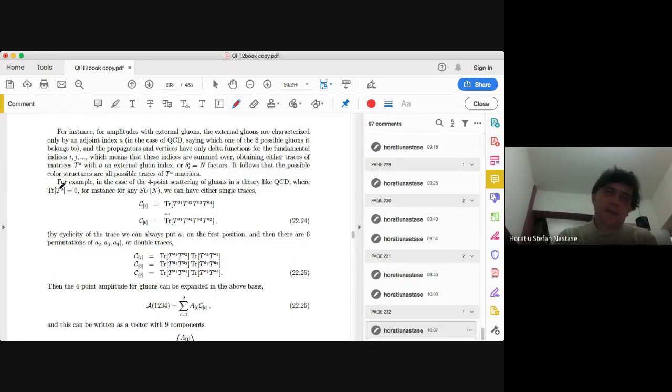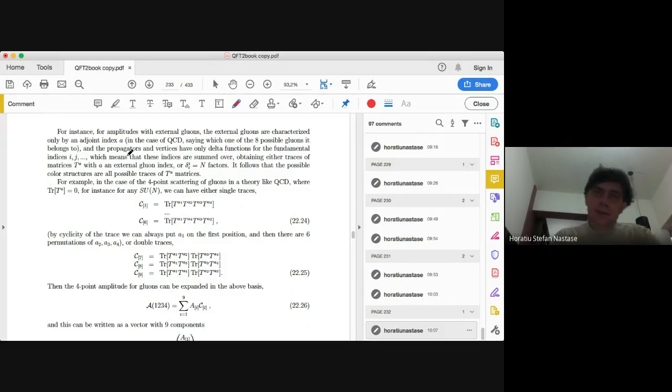The simplest example for this is for amplitudes with external gluons. Of course, in our case, we're interested in amplitudes with external quarks, but as I said, we're just trying to give a flavor for this.